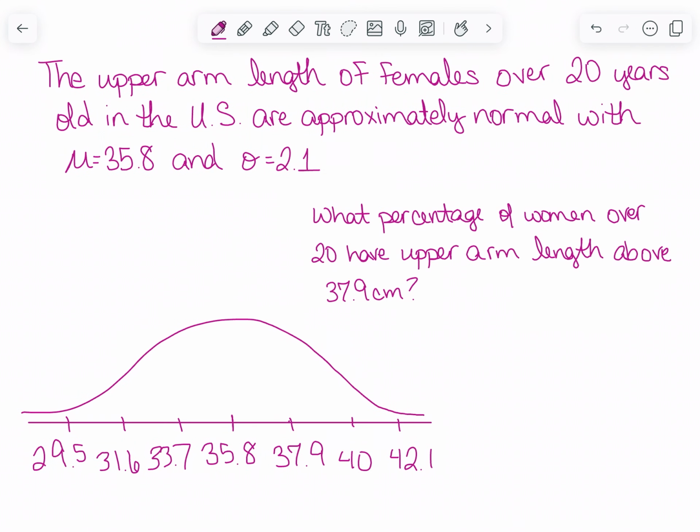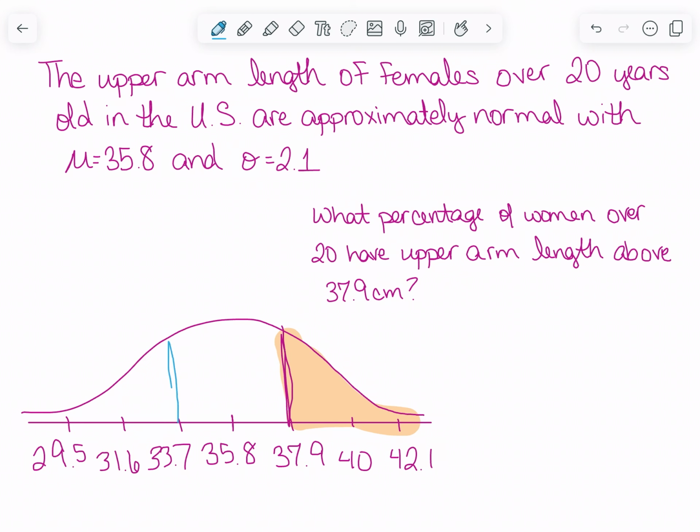Next, let's look at what percentage of women over 20 have upper arm lengths above 37.9. For this, I'm going to go ahead and draw this line at 37.9, and above is going to be to the right. Those are the bigger numbers, so I'm going to shade that region here. In order to figure this out, I'm going to have to do a little bit of side work, because this was not specifically given to me in my range.